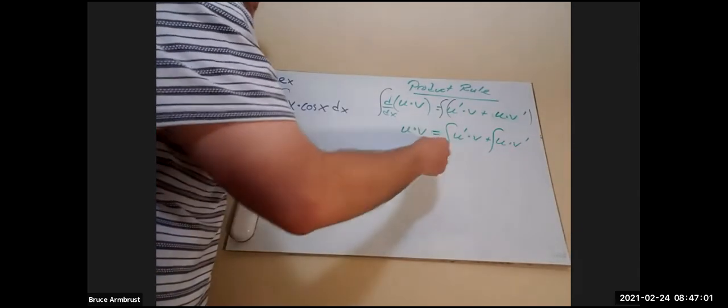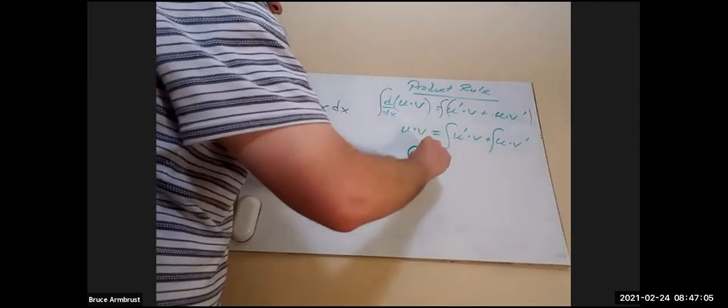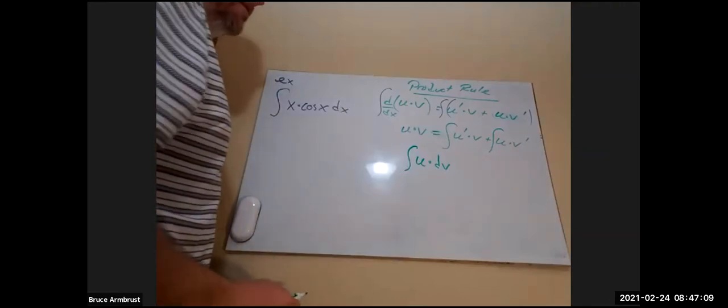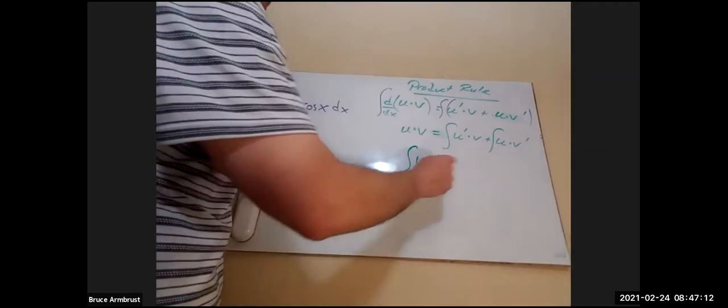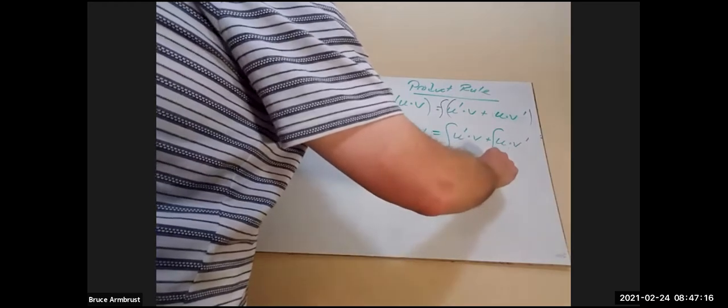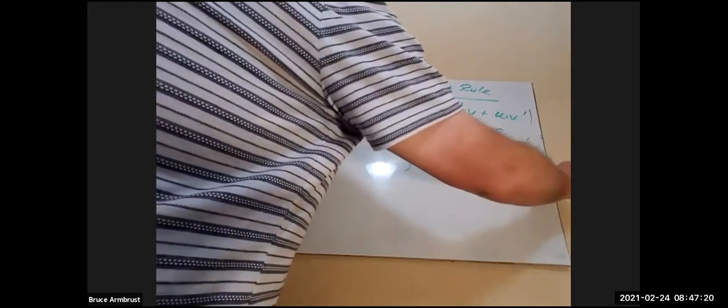And I'm just going to move things around just a little bit and rewrite this. So we're going to get the integral of u dv is equal to uv minus the integral of v du.